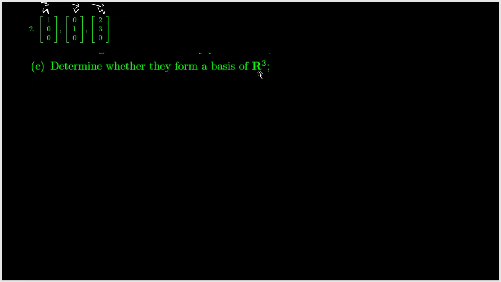To say they form a basis, you have to verify 2 conditions. They are linearly independent, and they span R3. None of the 2 conditions are satisfied, right? So the answer to question C is no.